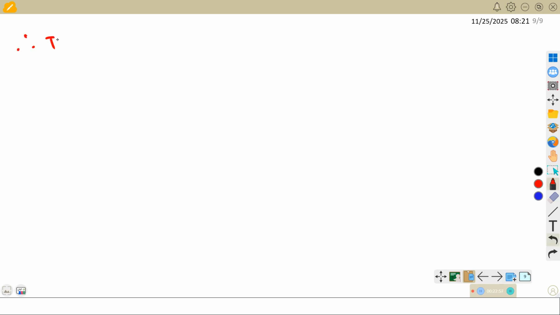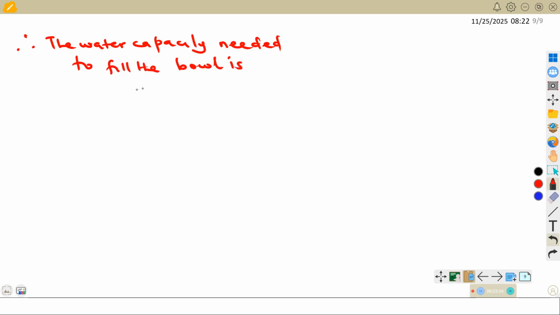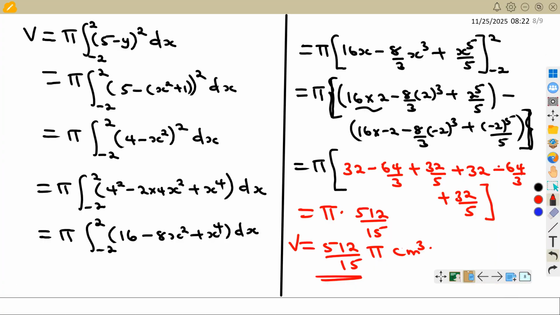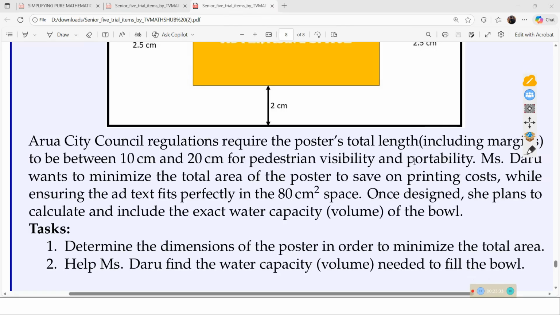Therefore, the water capacity needed to fill the bowl is 512 divided by 15 pi centimeters cubed, and that will be the required answer. So from there you will have answered this, and that is basically the required response.